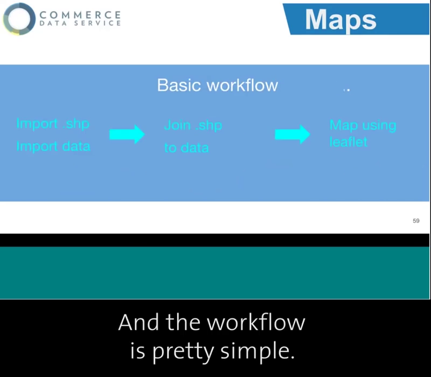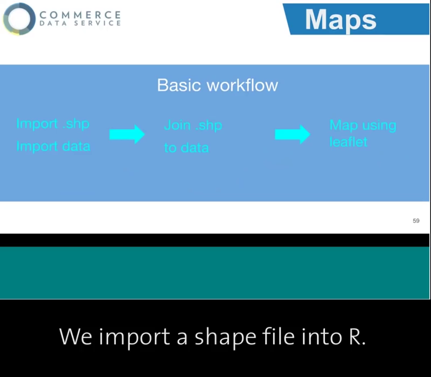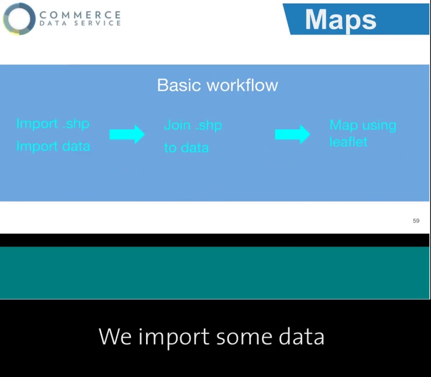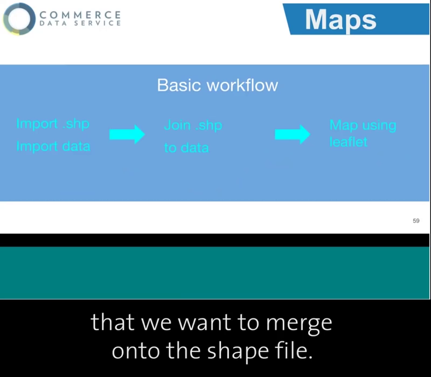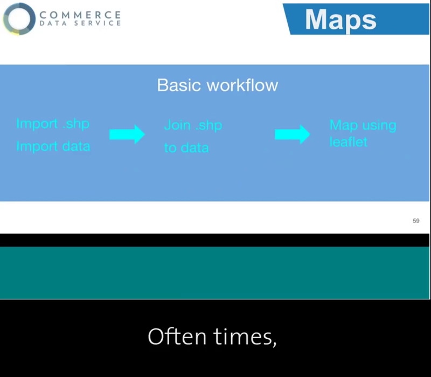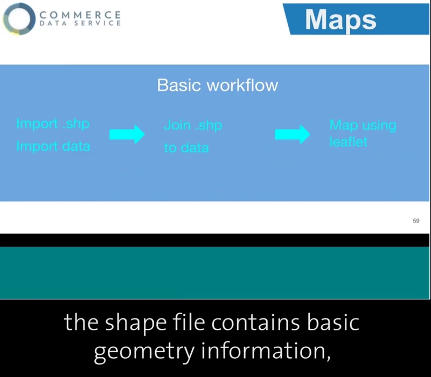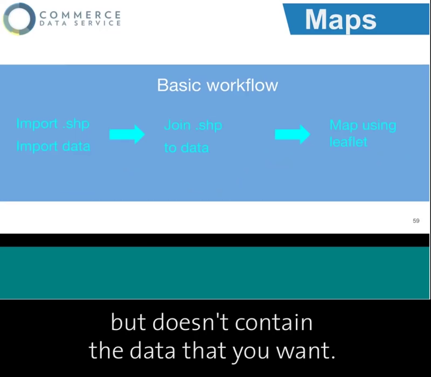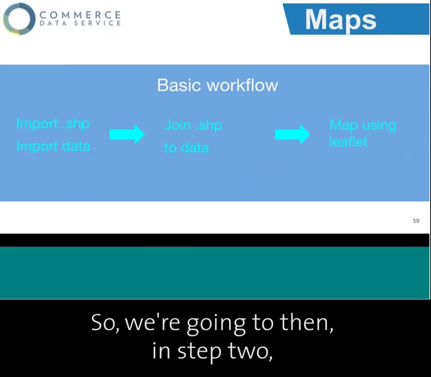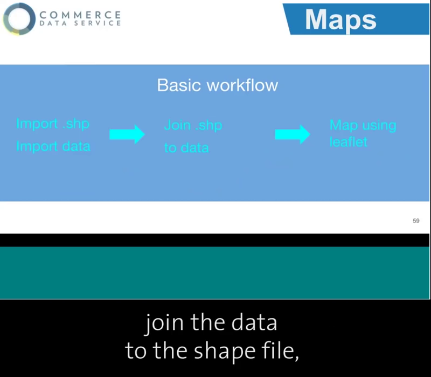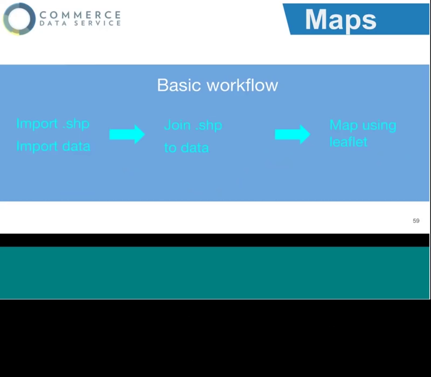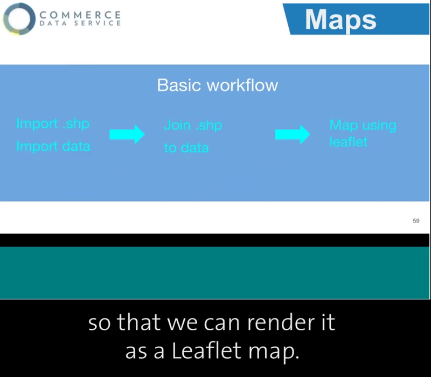And the workflow is pretty simple. We import a shapefile into R. We import some data that we want to merge onto the shapefile. Oftentimes, the shapefile contains basic geometry information, but doesn't contain the data that you want. So in step 2, we join the data to the shapefile so that we can render it as a leaflet map.